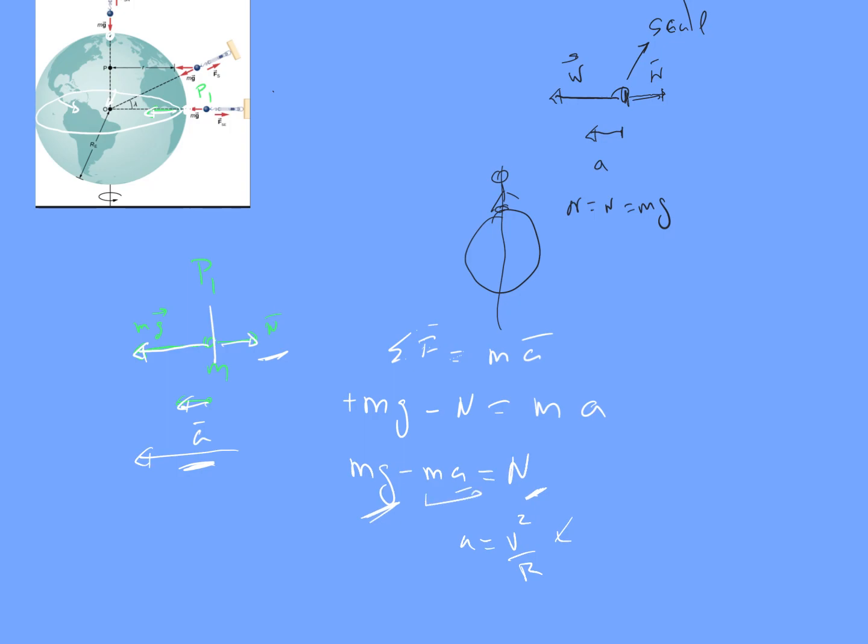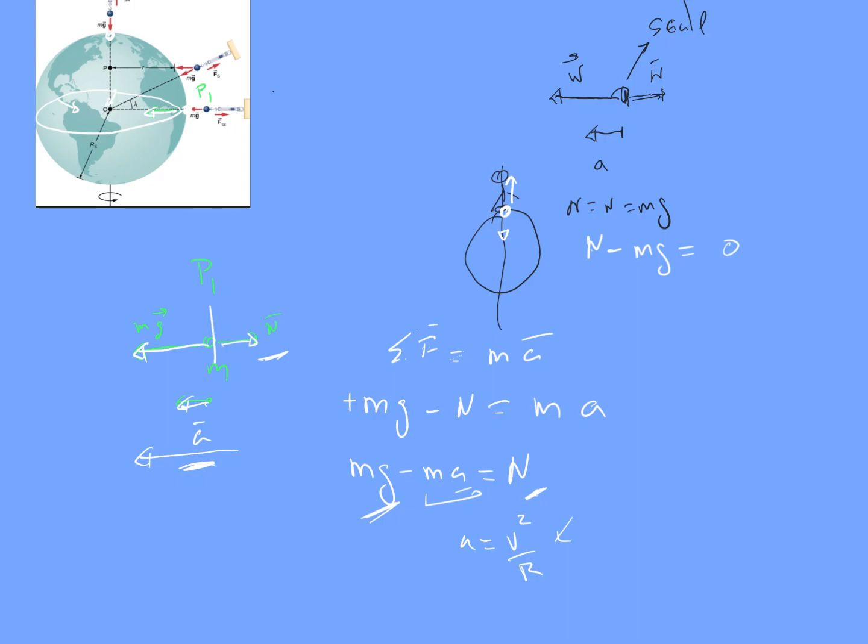So you can calculate the differences. Now, if you are here at the top, at the North Pole, the weight will be like this, and the normal force will be up. So Newton's equation will say N positive minus mg negative equals ma, but you are not accelerating.